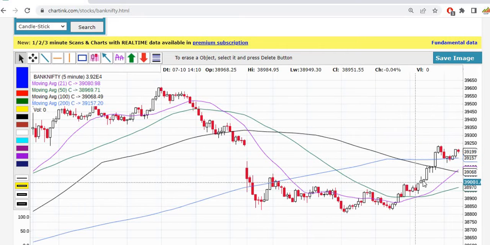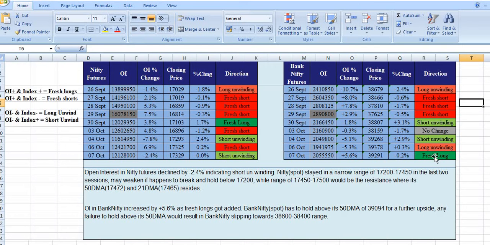In the last 2.5 hours it moved up and closed near the day's high, Bank Nifty. That's the reason I have mentioned it as fresh long, even though on a close-on-close basis it is marginally down. With open interest plus, I have taken fresh long.